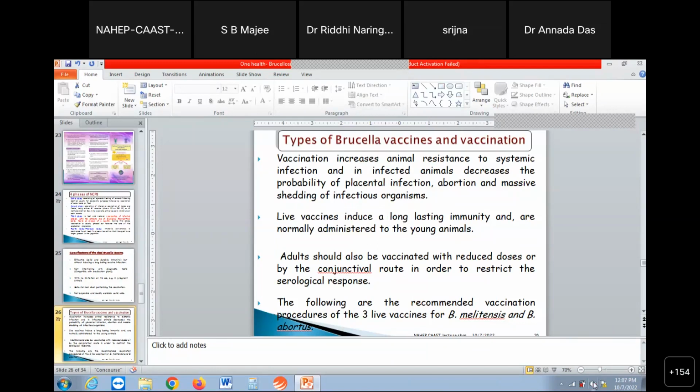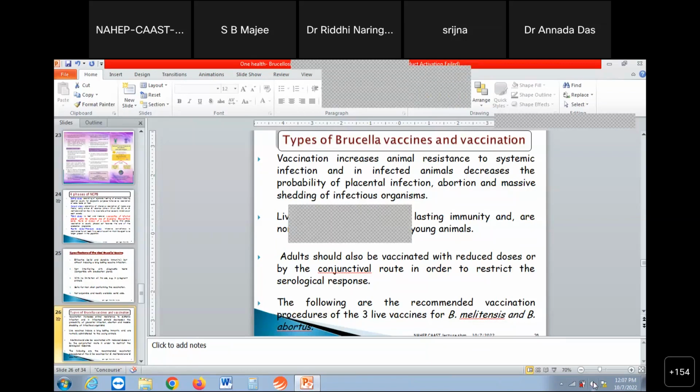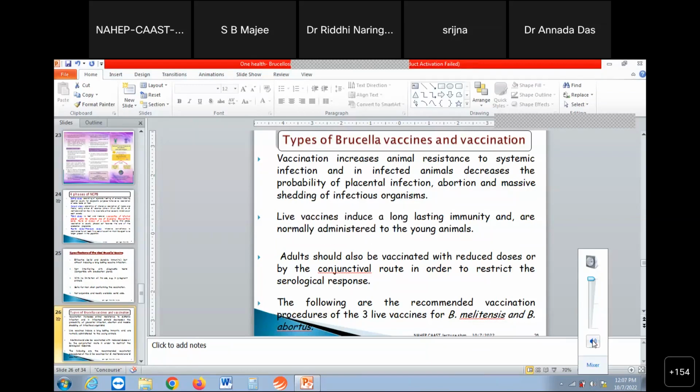Live vaccines like S19 induce long-lasting immunity and are therefore administered to calves 4 to 8 months of age. Adults can also be vaccinated with reduced doses by the conjunctival route in order to restrict the serological response. Some type of nano vaccine or sprays are also being designed and may be used.